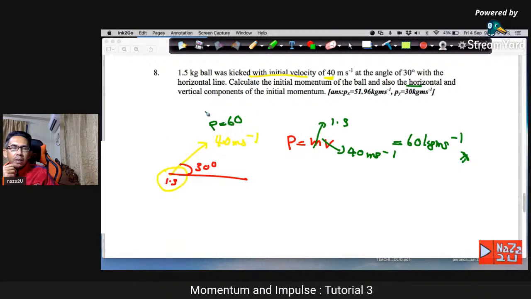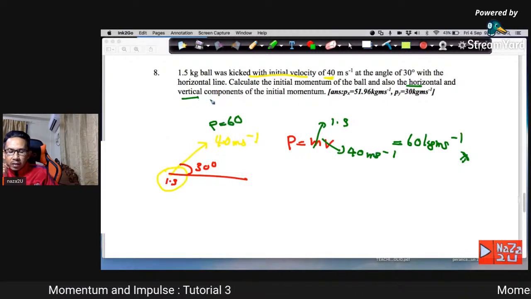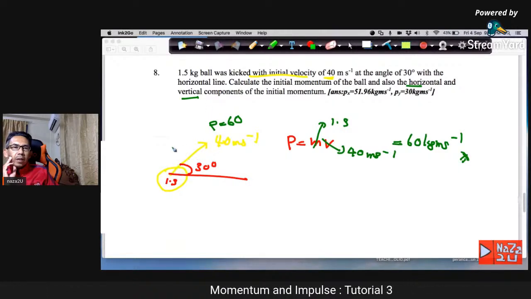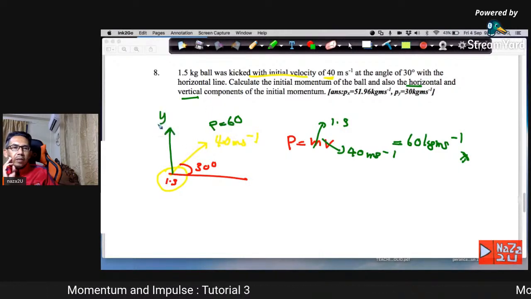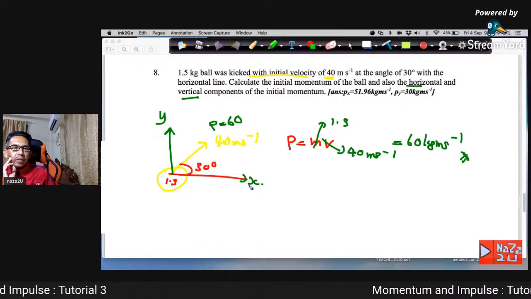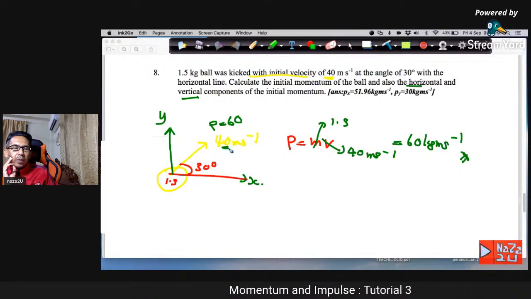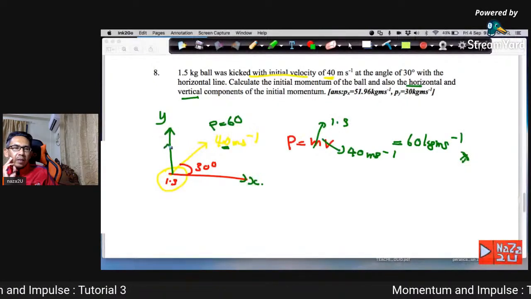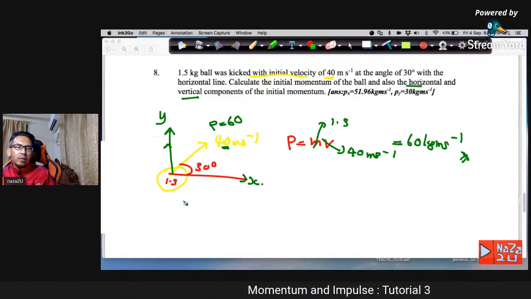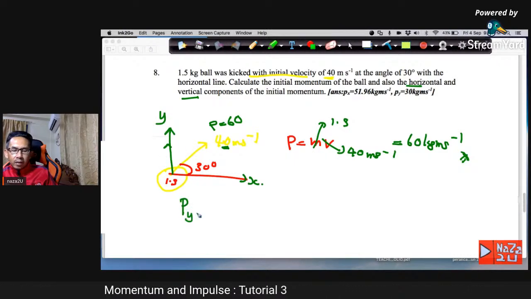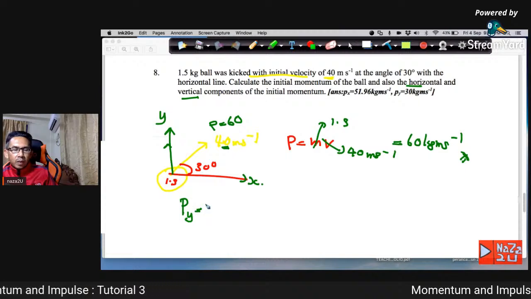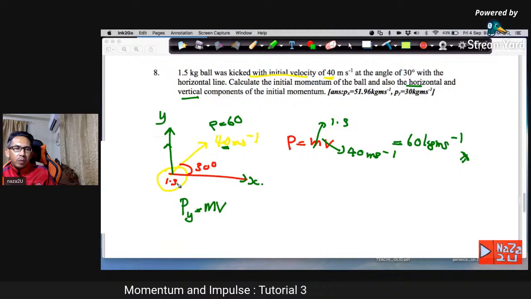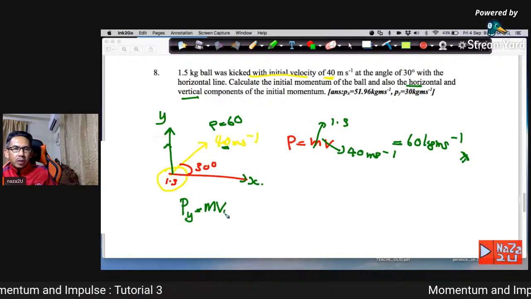calculate the horizontal and vertical components. If you look, this is the y-axis and this is the x-axis. So if you relate the 40 meter per second momentum to the y-axis, let's say we use Py, right? Py is equal to mv, where the mass is 1.5, but V here is Vy.